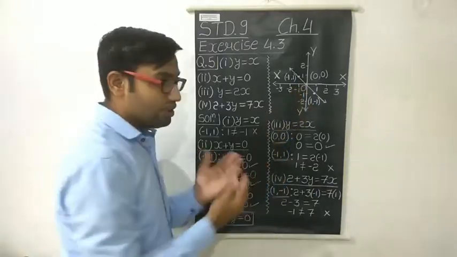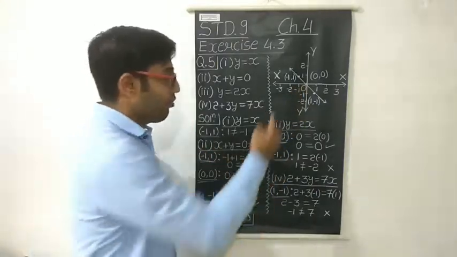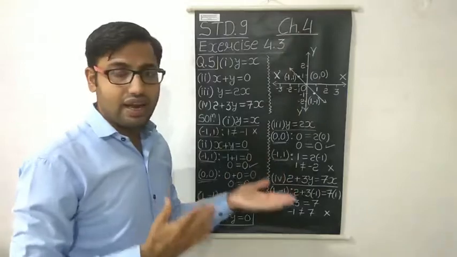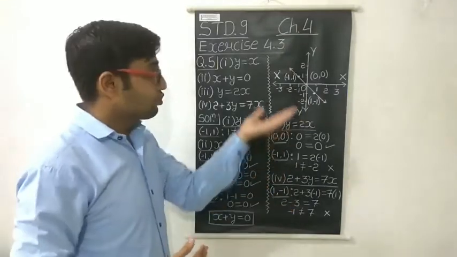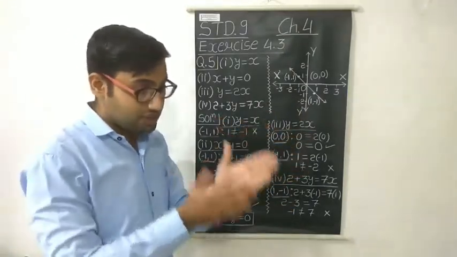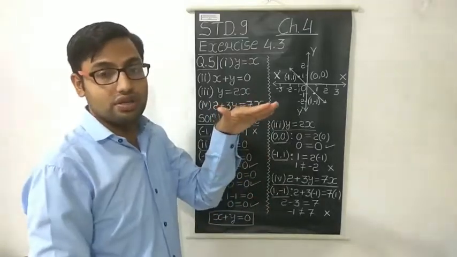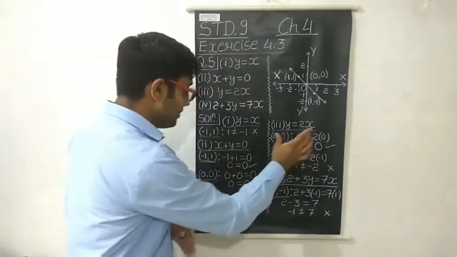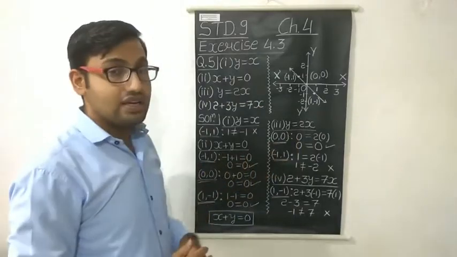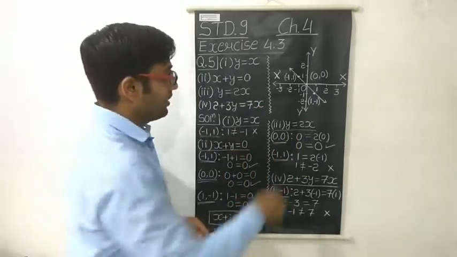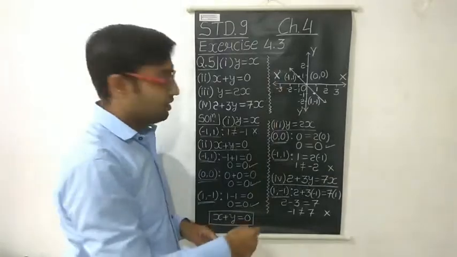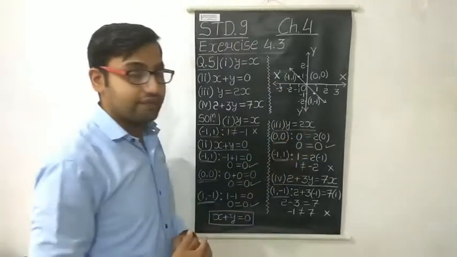So this is the origin, that is a point. From the origin infinitely many lines can pass through, right? So the origin is the point which is the solution of many linear equations. From that, one is this, second one is this. That doesn't mean that this linear equation is of this line.